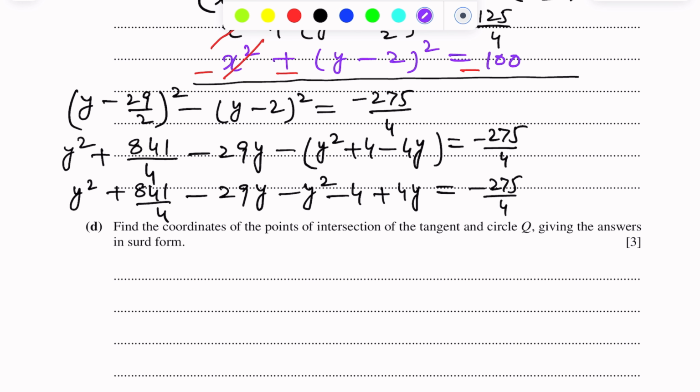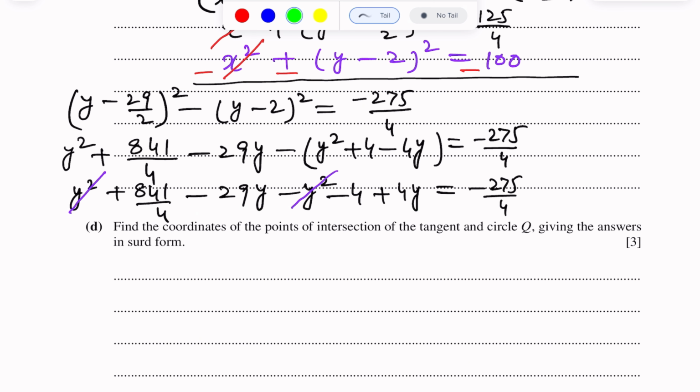Y square minus y square cancel out. Now simplifying the remaining terms: 841 over 4 minus 4, and minus 29y plus 4y.